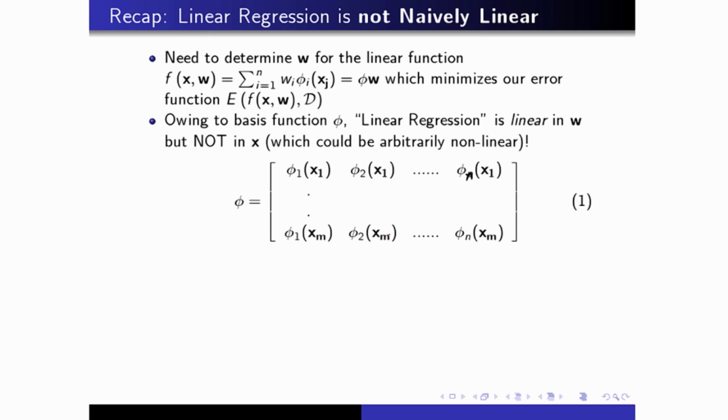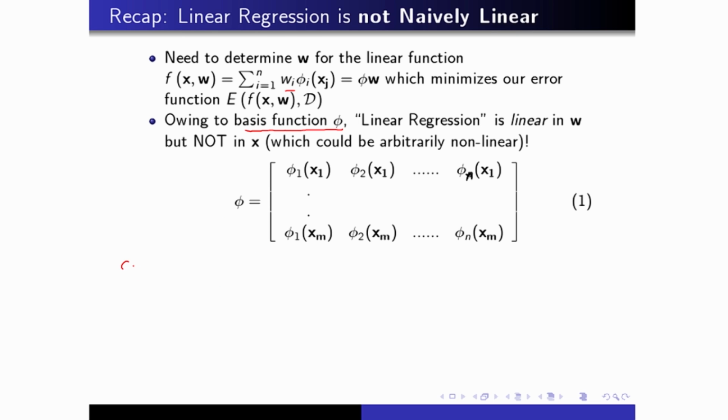So recap that linear regression was found to be linear in the weights wi's, but it was not necessarily linear in the x. We introduced the basis functions phi. The basis functions phi could be quite arbitrary.